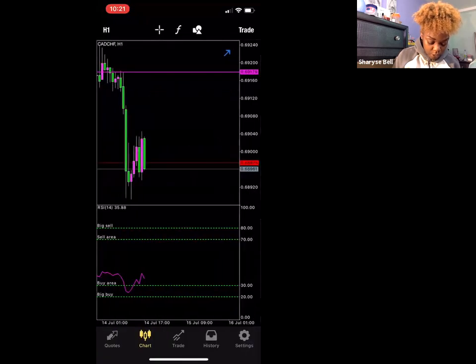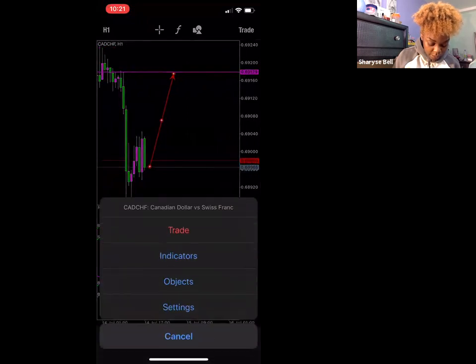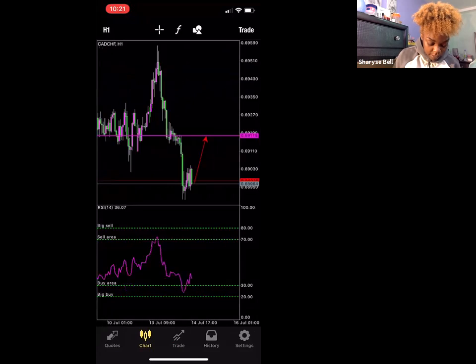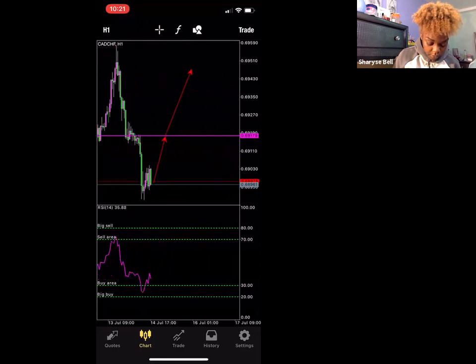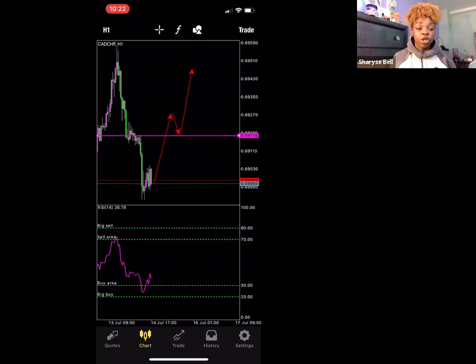You're waiting for price to hit this level, and then you're waiting for price to continue past this level. You might get a possible pullback. The market doesn't move in a straight line from point A to point B. Remember that. So you might get a little pullback right here, but essentially you want the market to continue to go in that same direction.